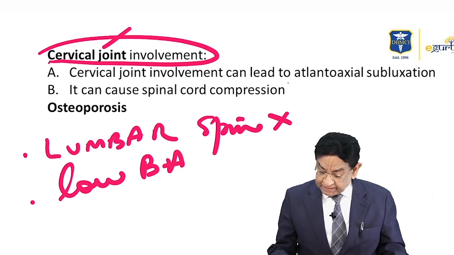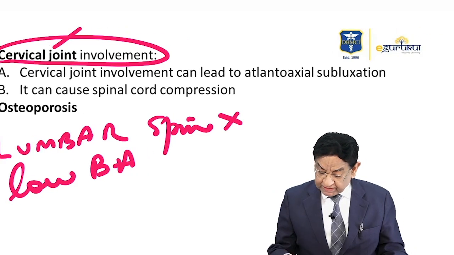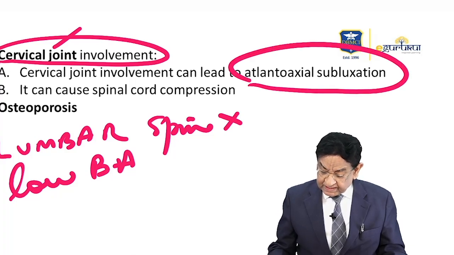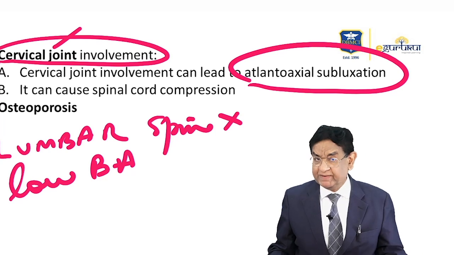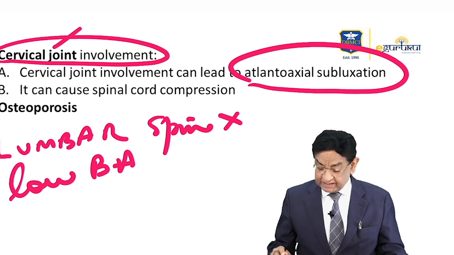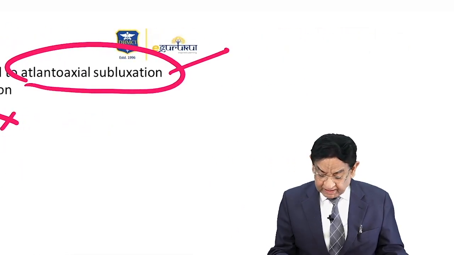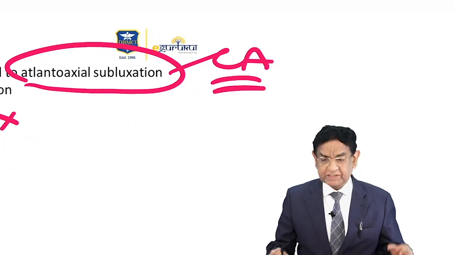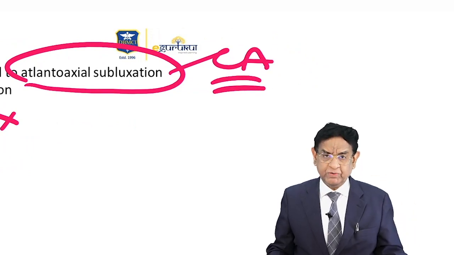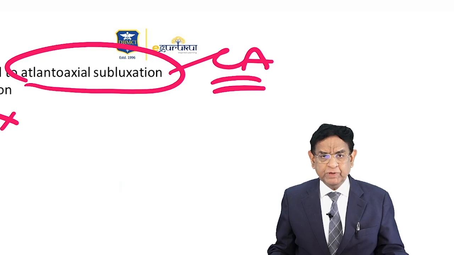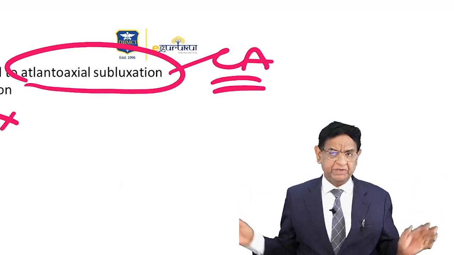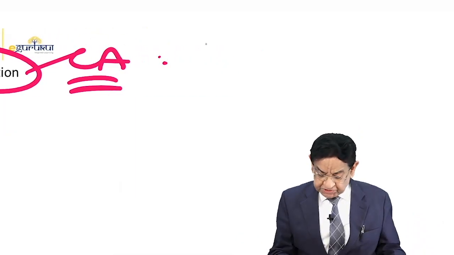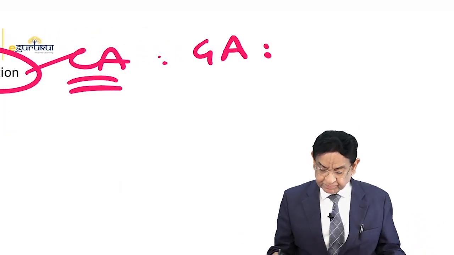Now the cervical joint is involved, so atlantoaxial subluxation can occur if this joint is involved. And this is especially the clinical application. Why is it so important to talk about the atlantoaxial joint? Suppose due to any reason the patient of RA is undergoing surgery and you plan to give general anesthesia.